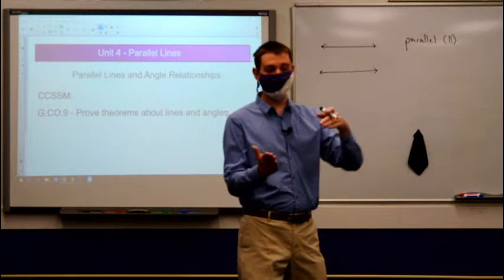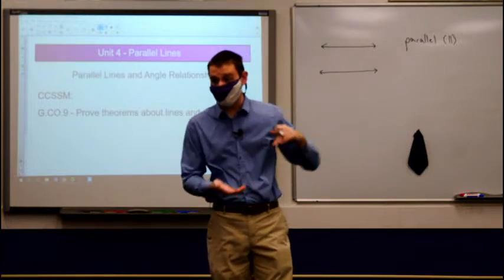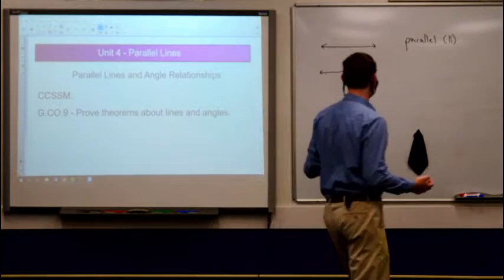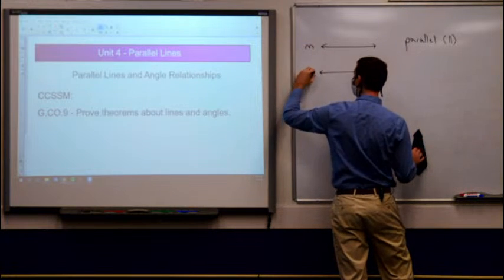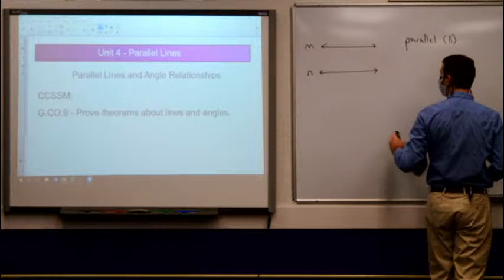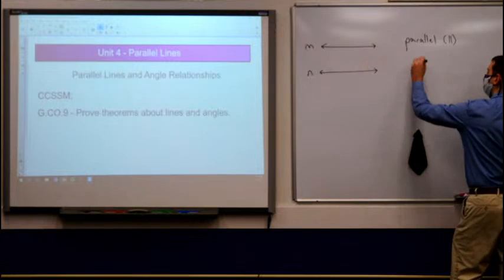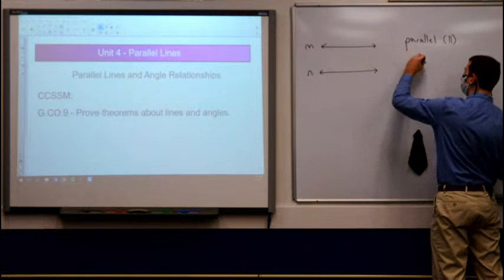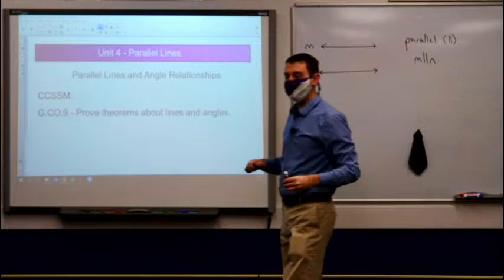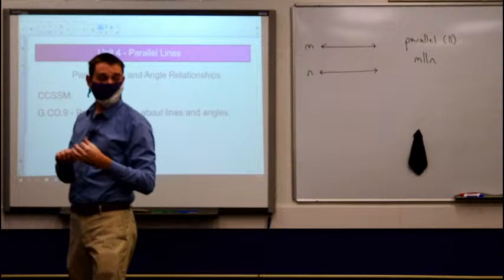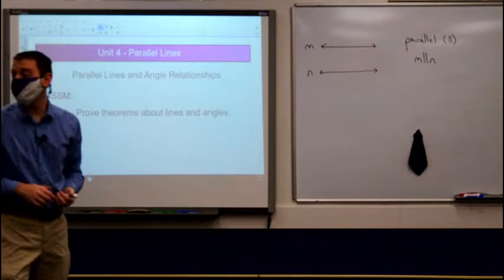Just like we use the little upside down T to mean perpendicular, this means parallel. And so if I call this line M and this line N, then you might see something written like this, and you should know that that means that M is parallel to N.